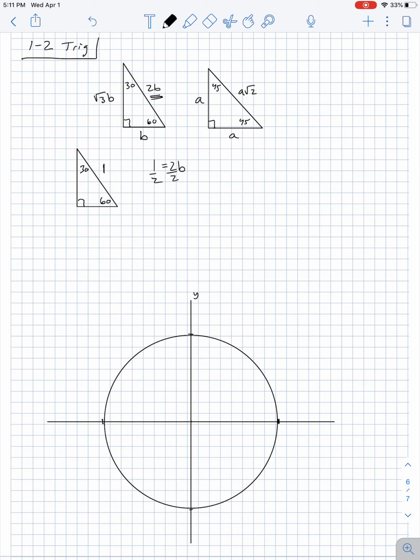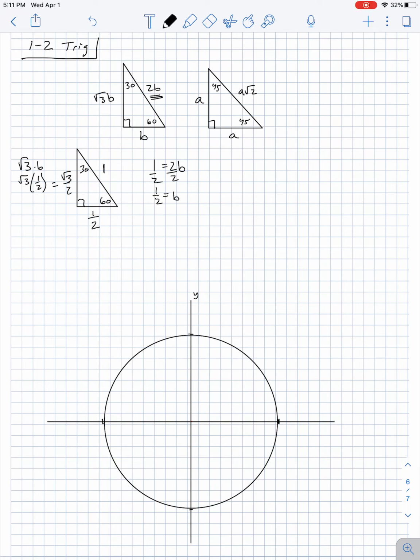I'm going to divide by 2. That means that b is going to be 1/2. So I can then say that this side must be 1/2. And if this side is root 3 times b, then it's root 3 times 1/2, which is root 3/2.